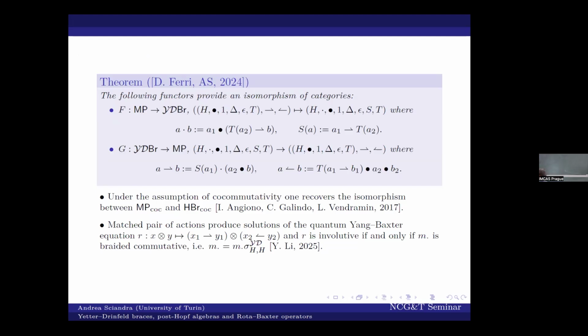This is in a recent paper of Lee. And this also generalized the result obtained by Anguiono, Galindo, and Vendramin. In fact, they define exactly the same braiding operator, and this is involutive if and only if the dot product is commutative. But in this case, the product is in a different category: the category of Yetter-Drinfeld modules.